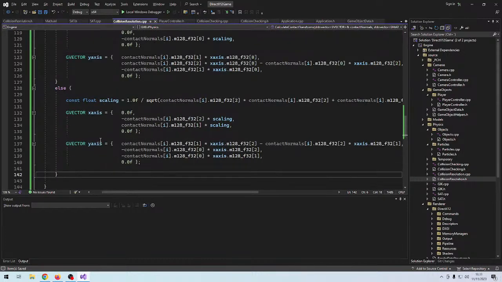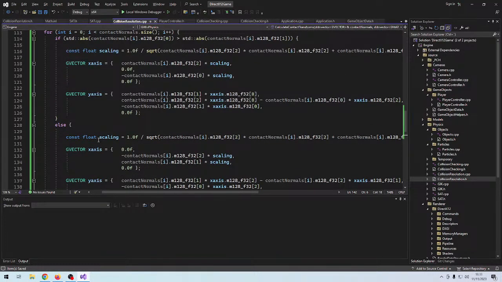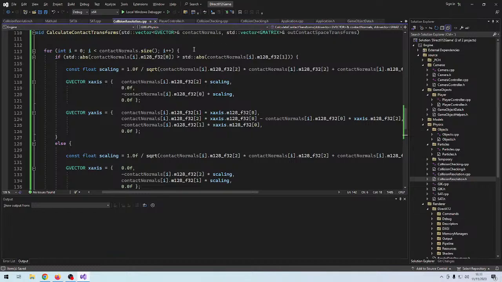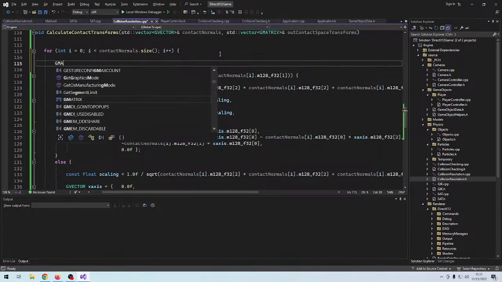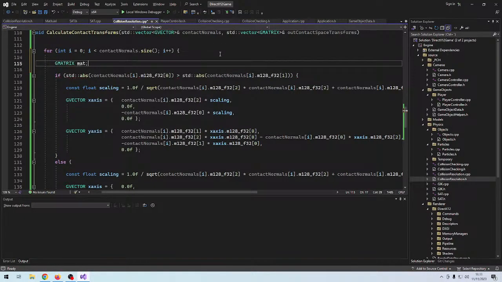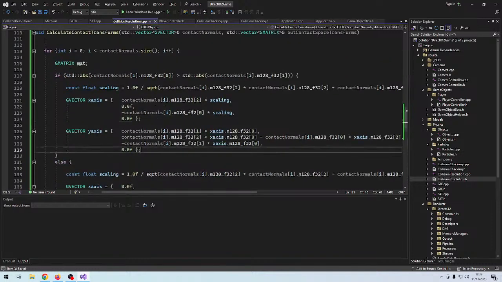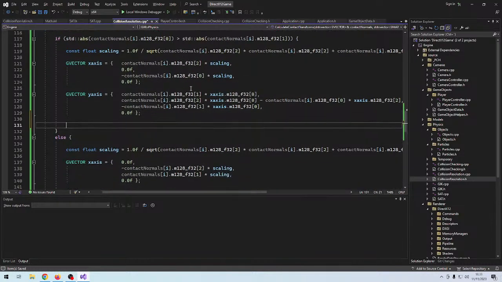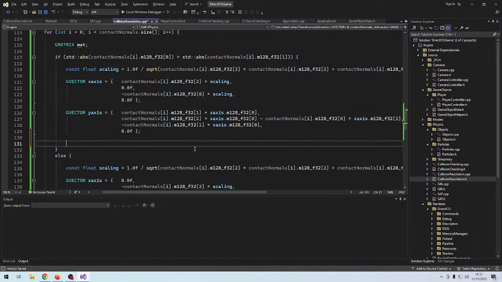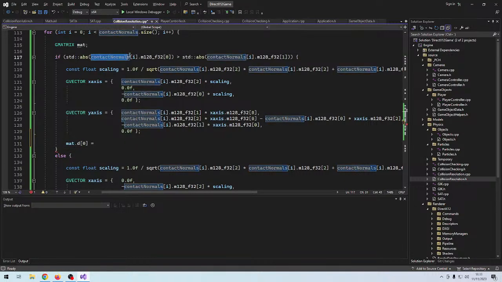And then we, let's see, g matrix. We set mat d0 to the contact normal.